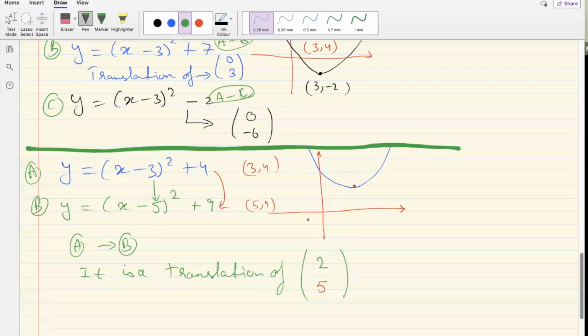The second is x 5, y 9. So the entire graph has moved 2 units to the right and 5 units upwards. So it is a translation of (2, 5).